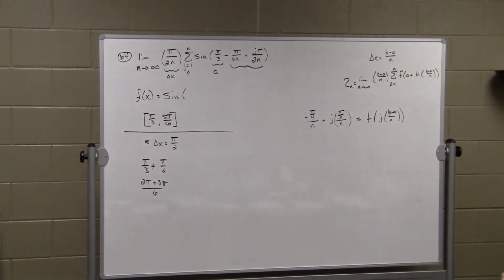Okay, that makes more sense now. Negative pi fourths x, sine of negative pi fourths x.